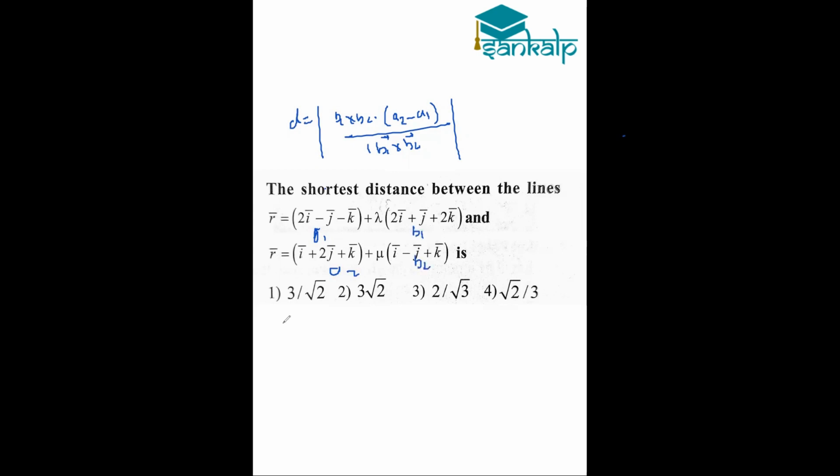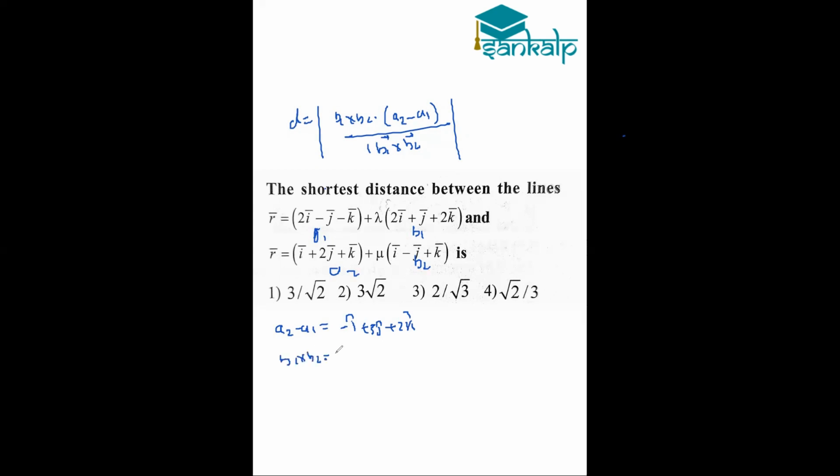First I will be calculating a2 minus a1 directly. So a2 minus a1 is equal to minus i plus 3j plus 2k, and then we need to simplify b1 cross b2.